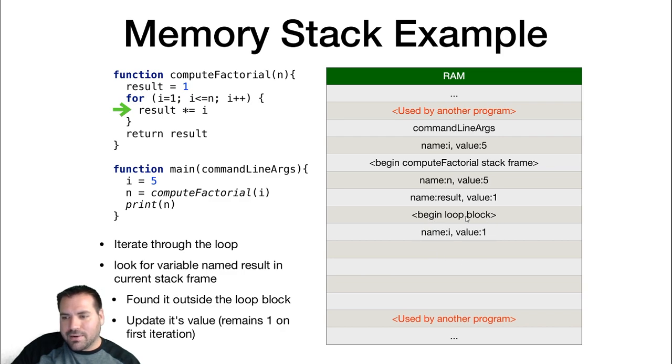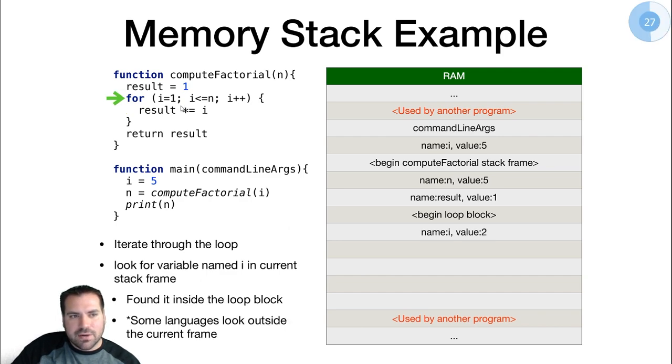We actually don't find a variable named result. So we're going to expand our search to outside of that block, to the next level of execution. Outside of this block, but still staying within the stack frame. We do find a result. Its value is 1. So we have 1 times 1, and then reassign that back to result. Still just 1, so nothing really changes.